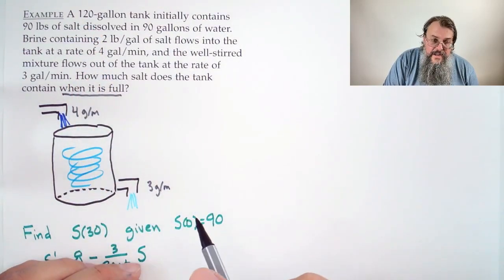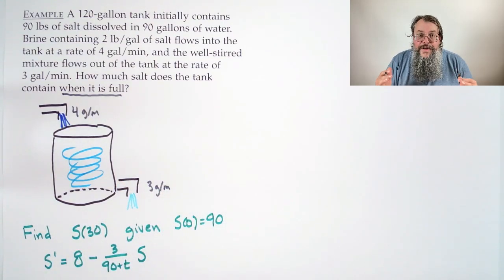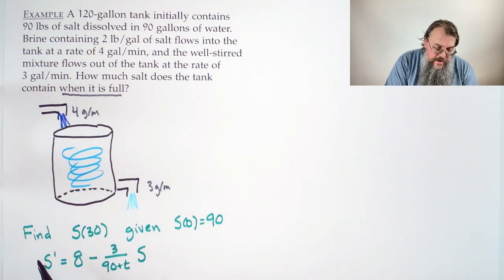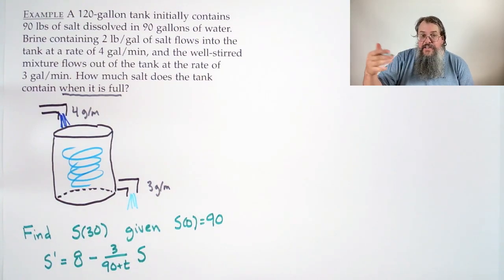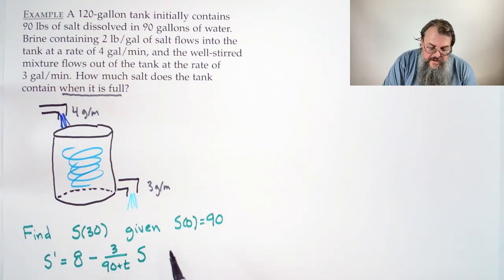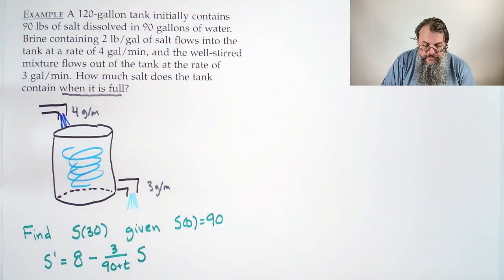It's only 120. And so it's really saying when it's full is at time 30. So our goal: find S of 30. So how much salt there is. So S is the amount of salt. Given the salt at time 0 is 90. That's from this 90 right here.